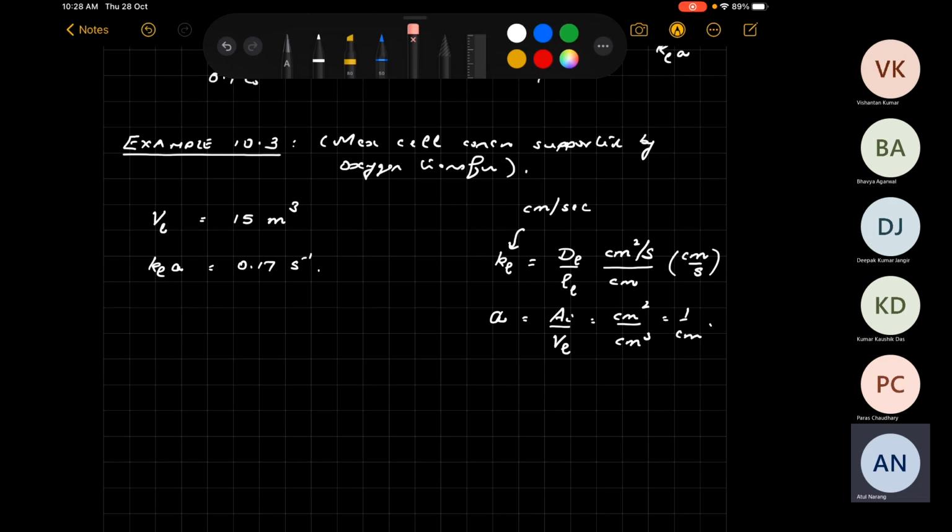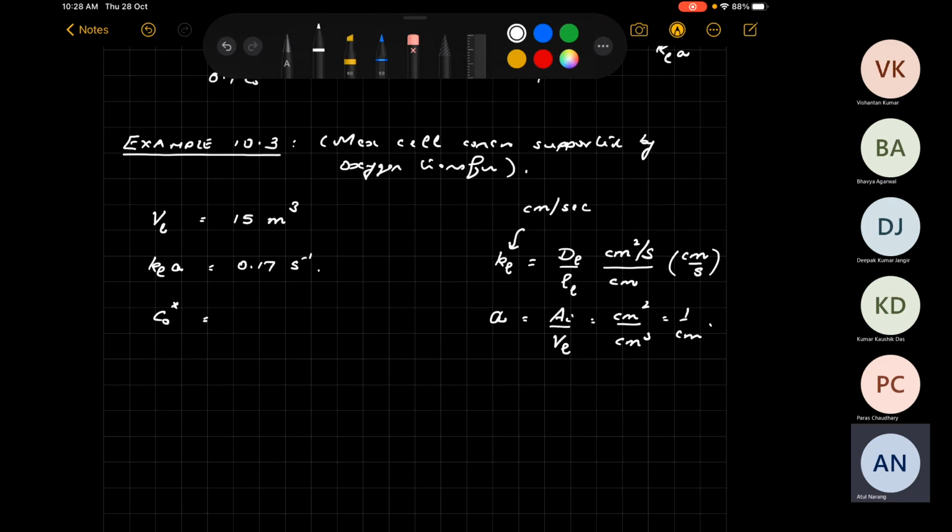Okay. Now, the third thing that is given to us is the specific oxygen uptake rate. Notice that on the demand side, they are not giving us the volumetric oxygen uptake rate. They are simply telling you the specific oxygen uptake rate. Oh, sorry, one more term I need to mention. They have also given us the solubility of oxygen.